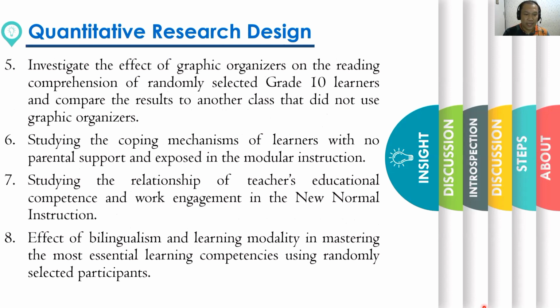Number 7, studying the relationship of teachers' educational competence and work engagement in the new normal instruction. Number 8, effect of bilingualism and learning modality in mastering the most essential learning competencies using randomly selected participants.